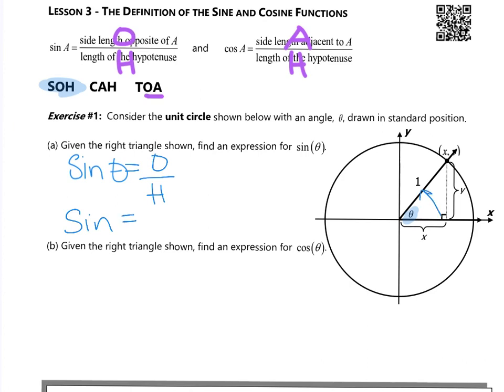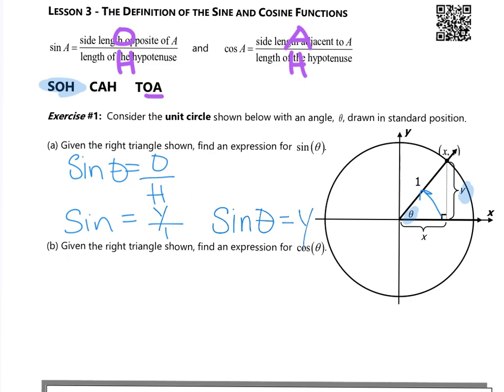That's the one that's across from the right angle, so that's easy enough. And the opposite is the one that's not touching theta, so that would be the y. So the y is the opposite. Well, y over 1 is y. So the sine of theta is y.